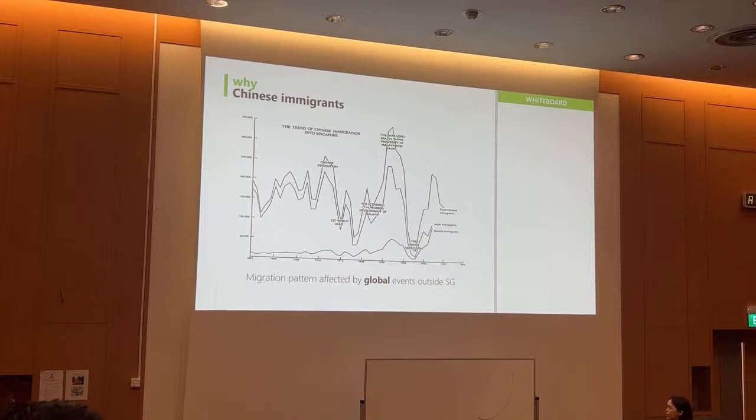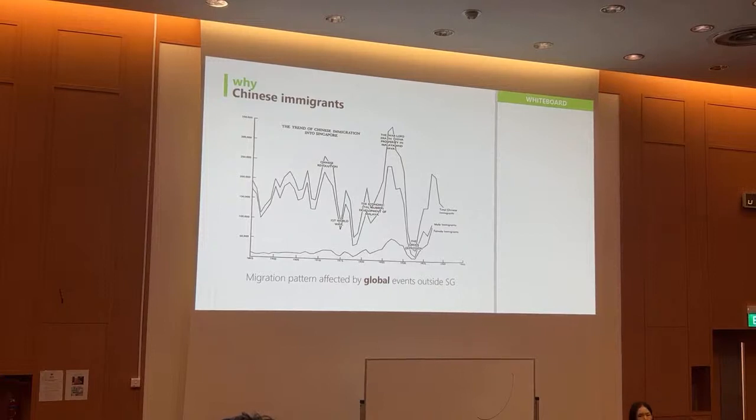For the Chinese, and actually for other groups of people, the migration pattern is mainly affected by global events outside Singapore, rather than local factors within Singapore.